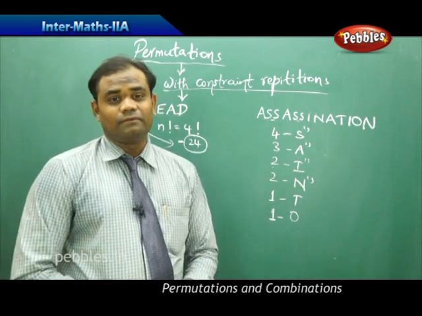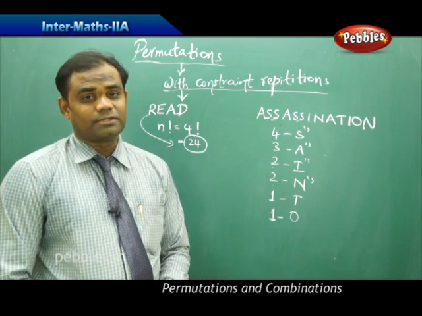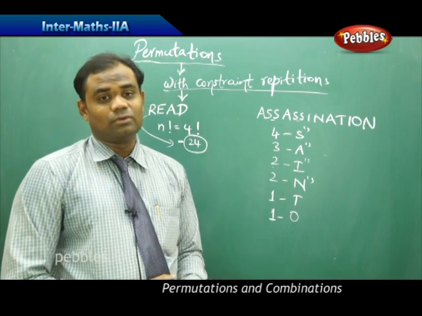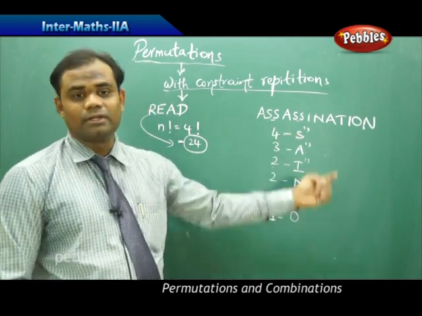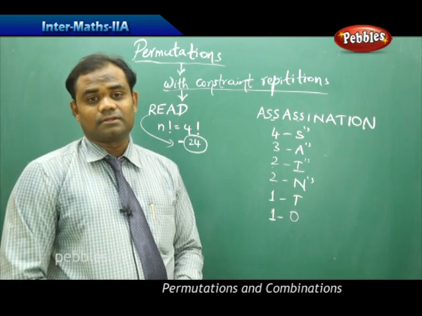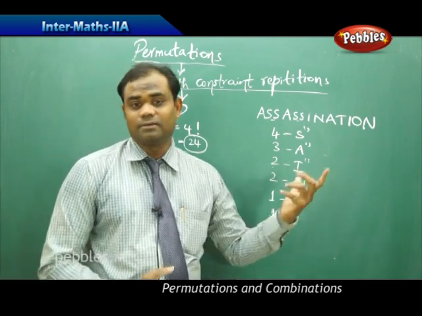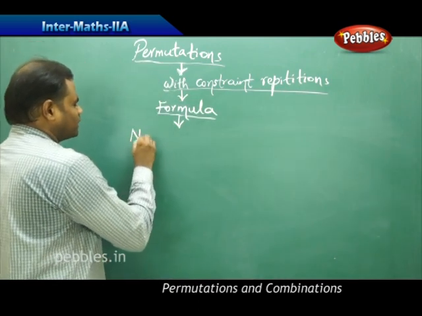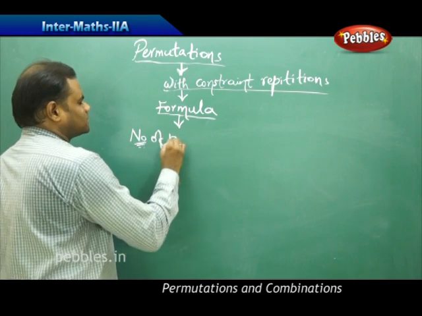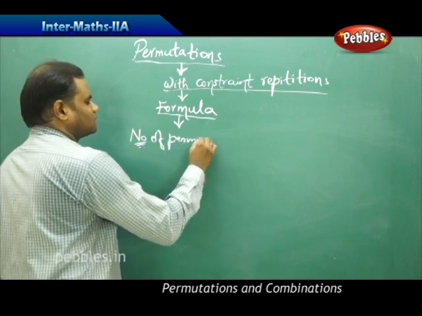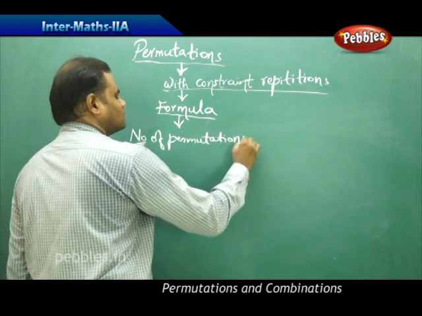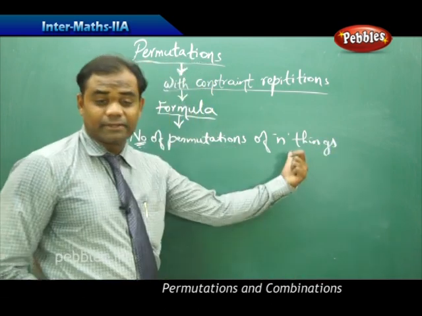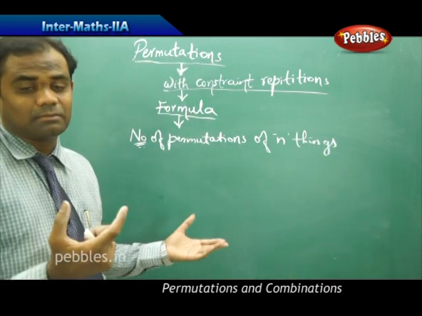So let's see how we can find the number of permutations where some of the things repeat and some of them do not repeat. That is, if you have repetitions included, like and unlike things, then let's see how the formula is derived for this kind of situation. Let's see the formula to find the number of permutations of n things, but I don't take n dissimilar things here because some of them are alike and some of them are not.